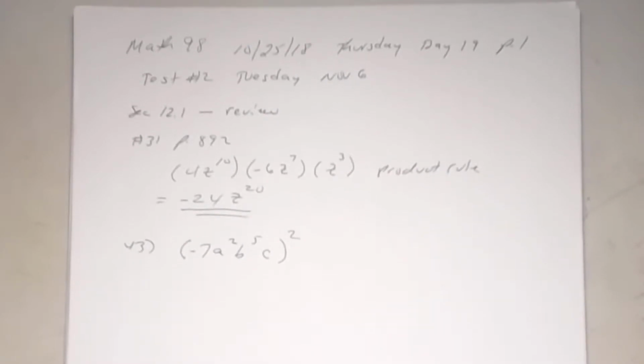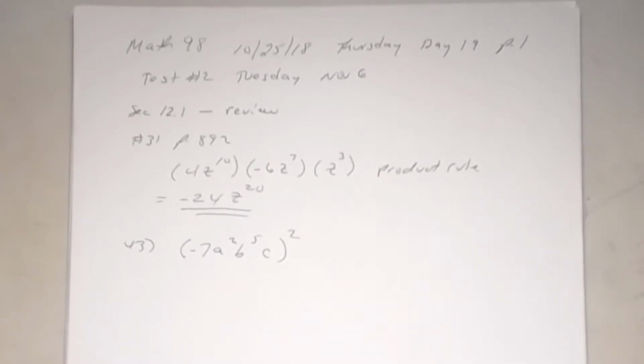Multiply everything by 2, so you're saying negative 7 times 2. Well, negative 7 by itself, no, because you're doing negative 7 times negative 7, because you have the power. Right, so what rule am I using here? The power rule.